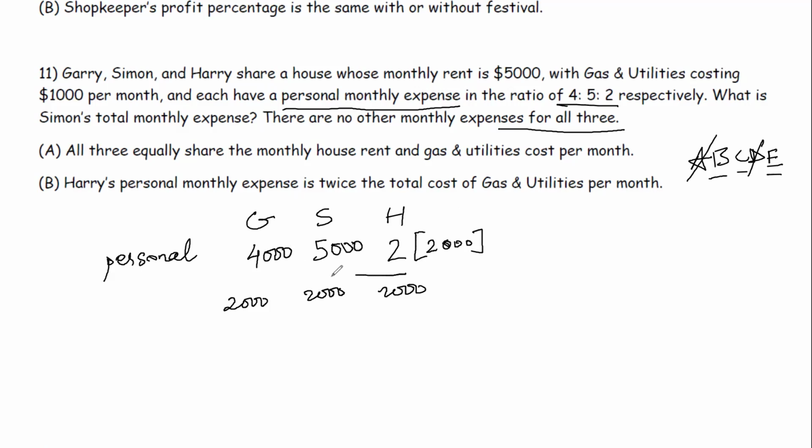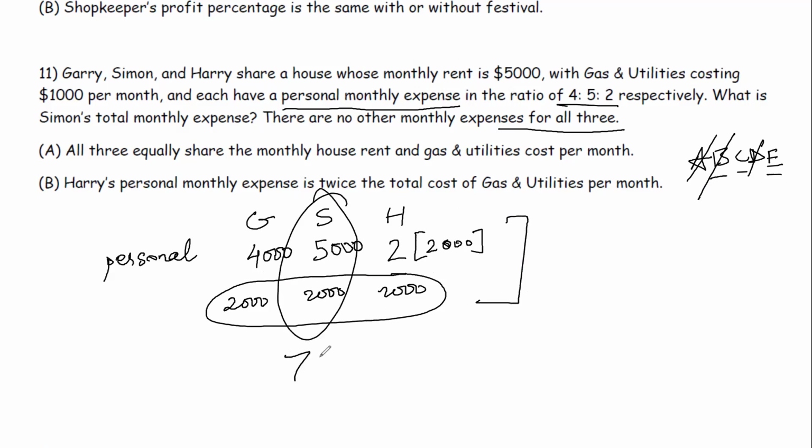But we don't know how the monthly house rent and the gas and utilities are distributed. Is it equally shared? Is it in some ratio? We don't know that part from statement B alone. So B is also out. But when we take them together, we do have Simon's monthly expenses, $7,000. Make sense? So therefore, C is the answer.